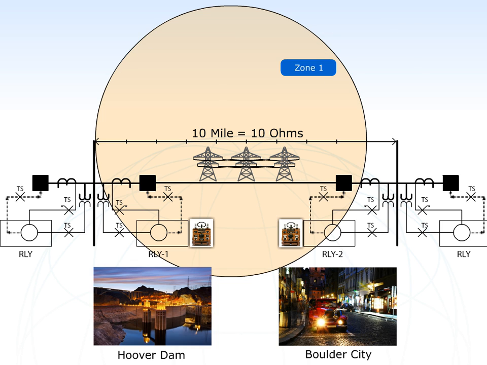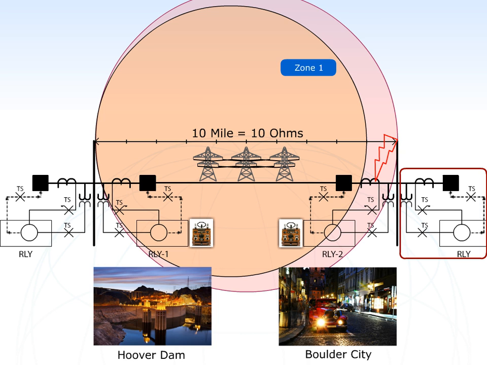What happens if the fault occurs on the last 30% of the transmission line? You could add another relay to trip at 100% of the line with a time delay, so that if the relay incorrectly detects a fault on an adjacent line, the relay allows the adjacent line relay time to trip first. If the fault is actually on the line, the relay will trip after a short time delay.